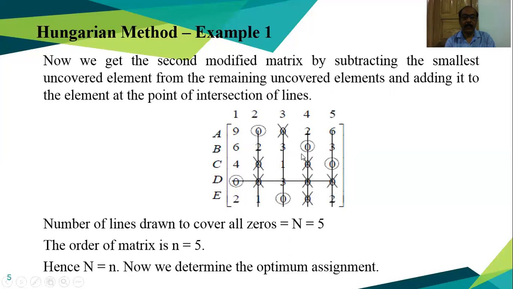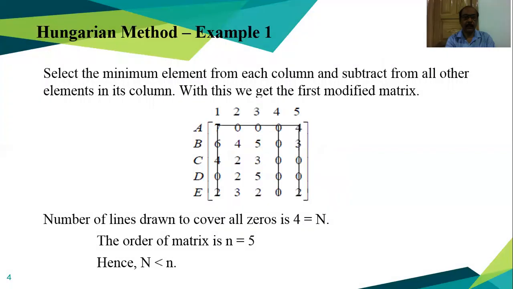If the number of lines is less than the order of the cost matrix, then it is known as degeneracy. This is basically the degeneracy. In this slide, when the number of lines drawn to cover all the zeros is less than the order of the cost matrix, that is degeneracy.